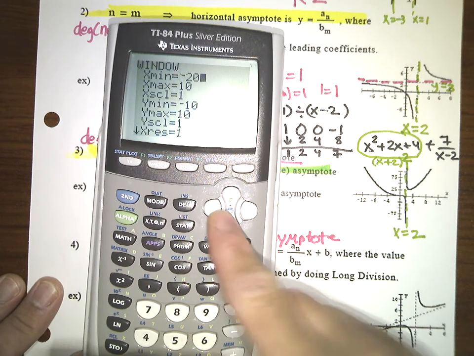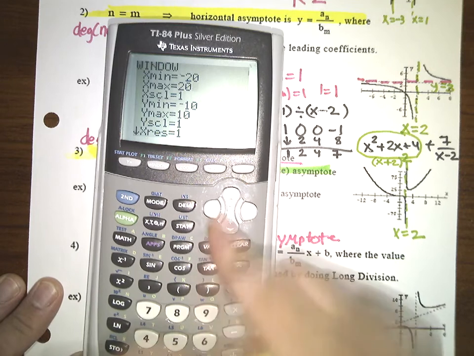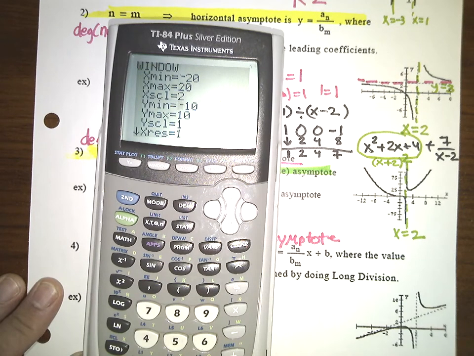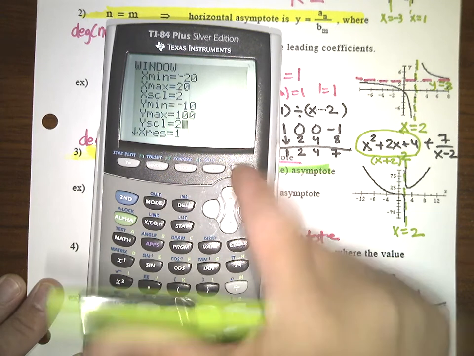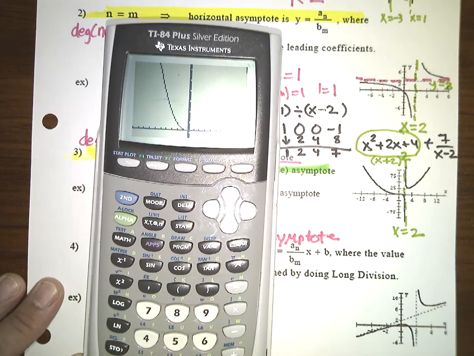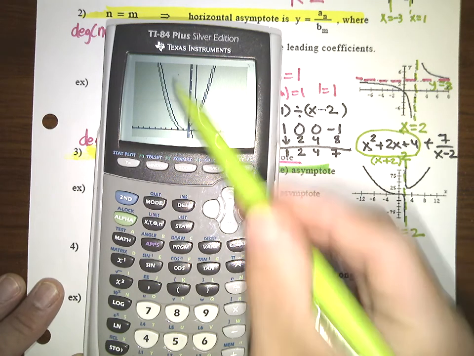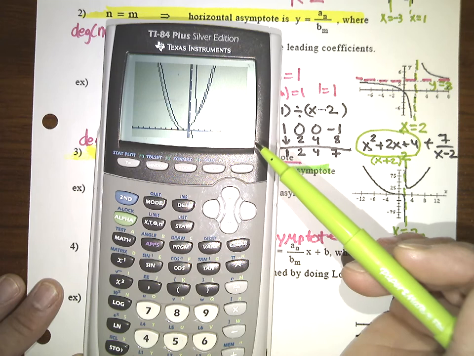So negative 20 to say 20, I'll scale by 2, and then negative 10 to 100, I'll scale by maybe 2, and then hopefully you can see this a little bit better. So there was the graph of the function and then the graph of the asymptote, all right?